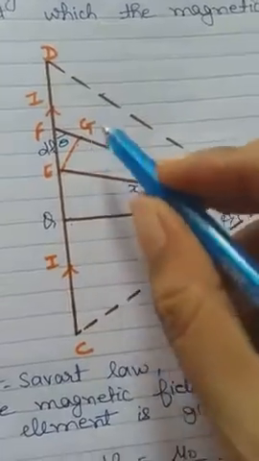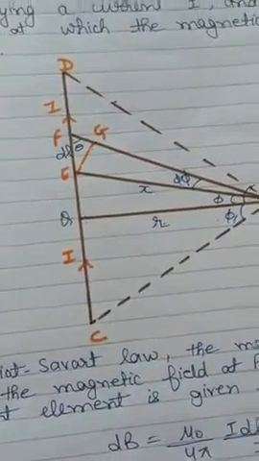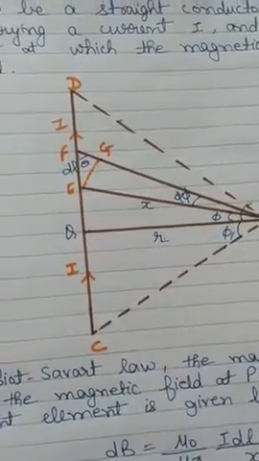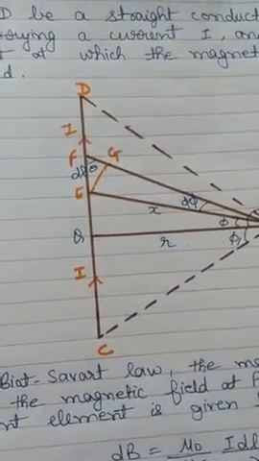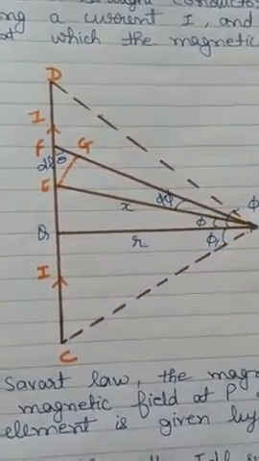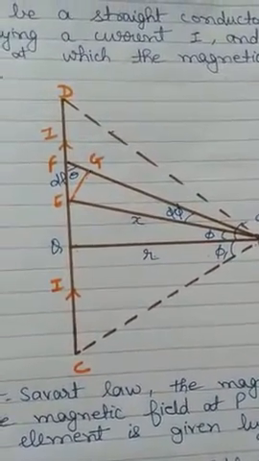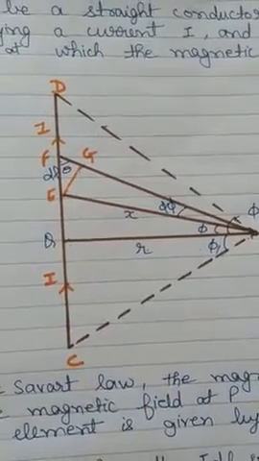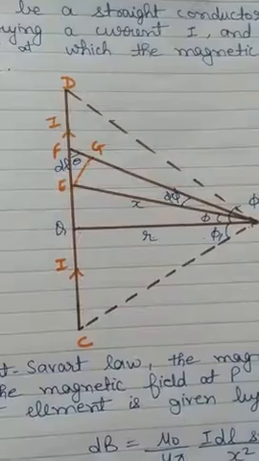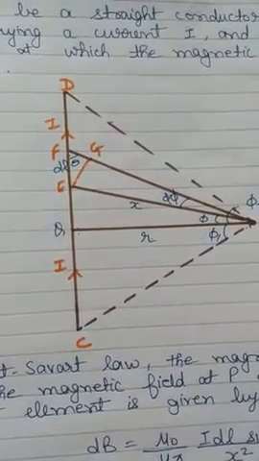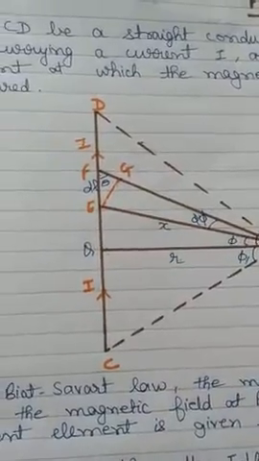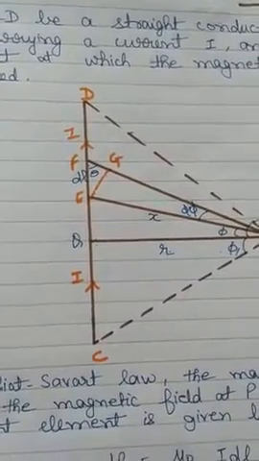Now again, first we have taken the triangle EFG, now we'll take the triangle EGP. So in triangle EGP, what will be the value of d phi? We know that when we are using d phi, this angle is very small, and in that case sin d phi will be almost equal to d phi. Like we say that sin theta is almost equal to theta when theta is very, very small.